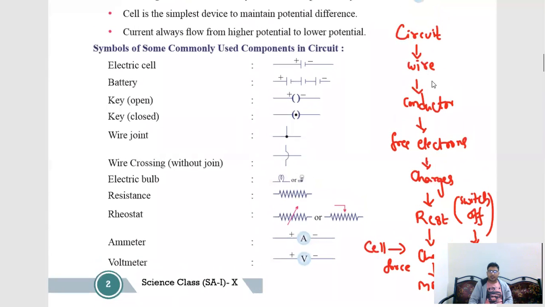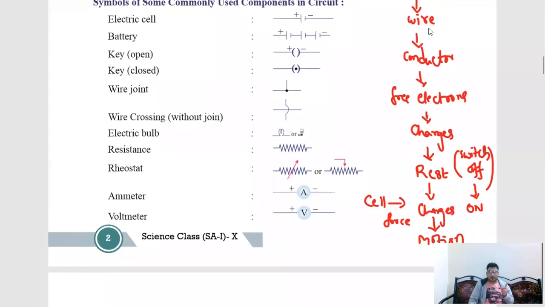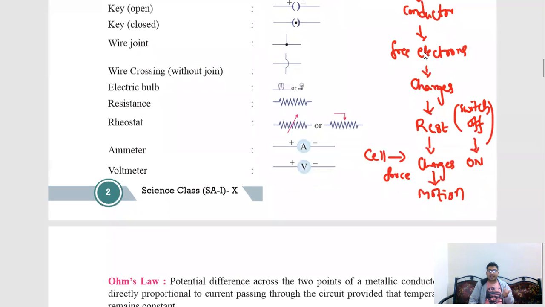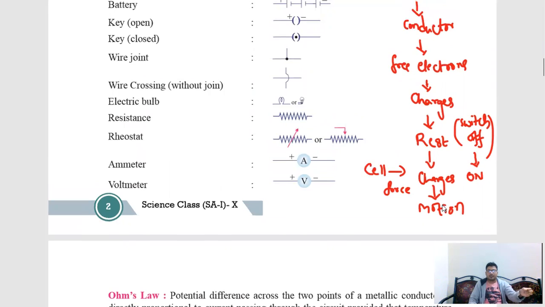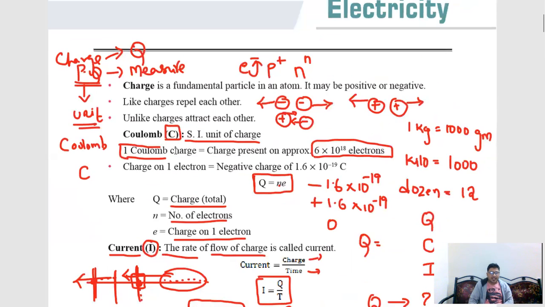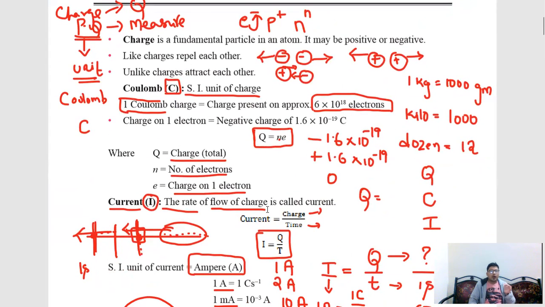Try to understand. A circuit consists of wire, nothing but a conductor, which has free electrons. Those are nothing but charges. Always charges will be at rest. If you want to make the charges move, if electrons want to move in a conductor, that is current. What is meant by current? Flow of charge. What is meant by flow?